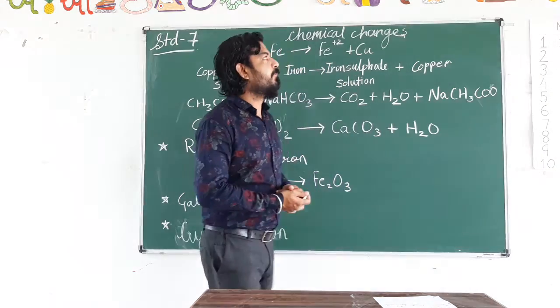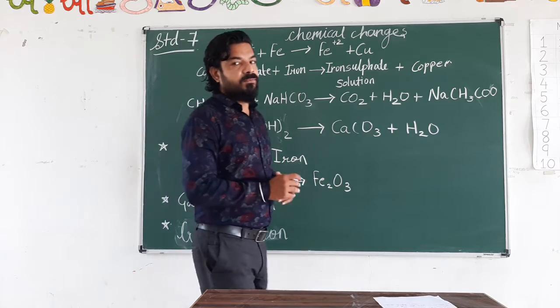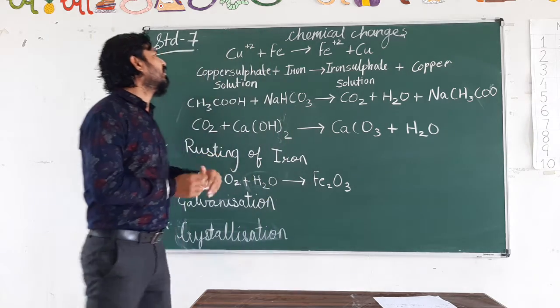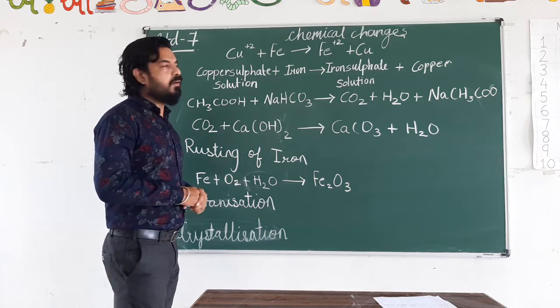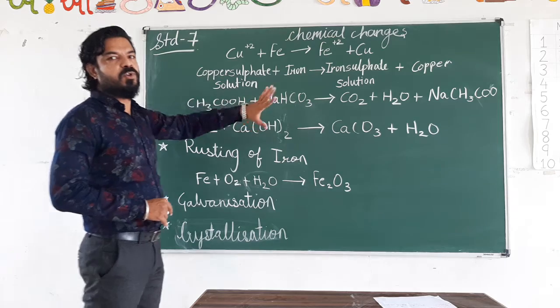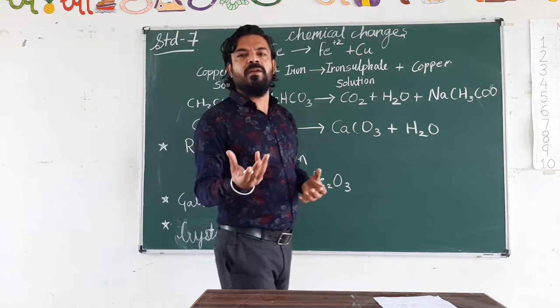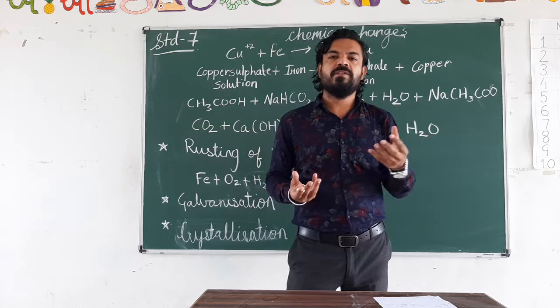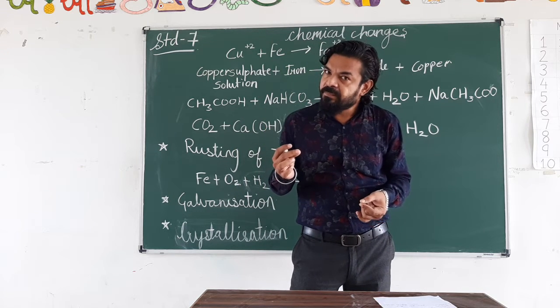In your textbook, there is an activity given. This is copper sulfate solution combined with iron. Take some copper sulfate in a beaker and add a few drops of dilute sulfuric acid.